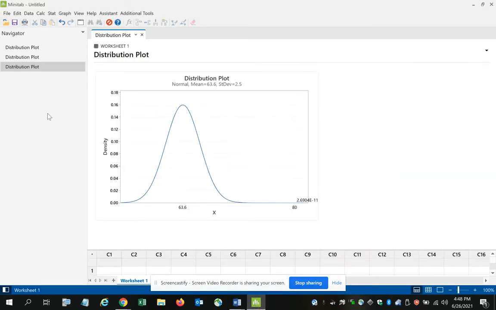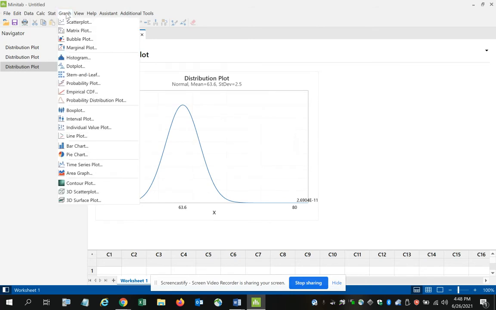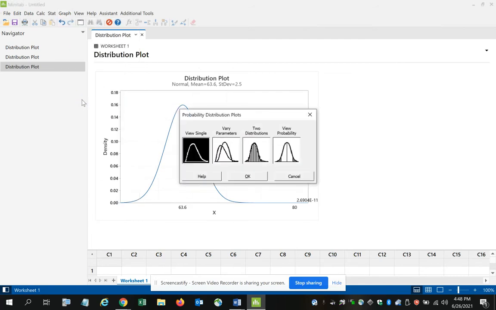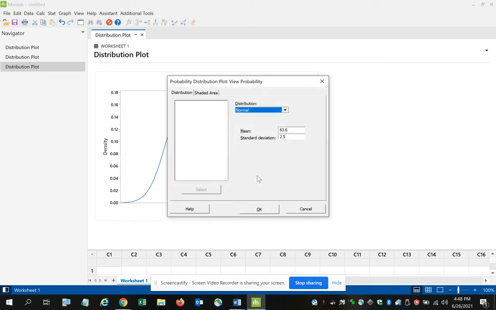So we go back out to Minitab. We go to the top menu bar to graph, probability distribution plot, arrow to the right to highlight view probability. I click OK.